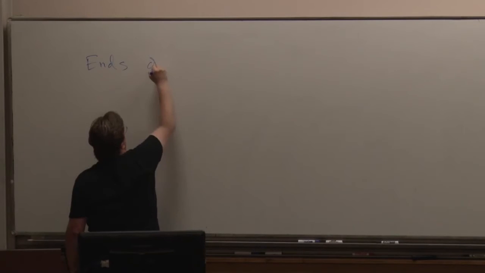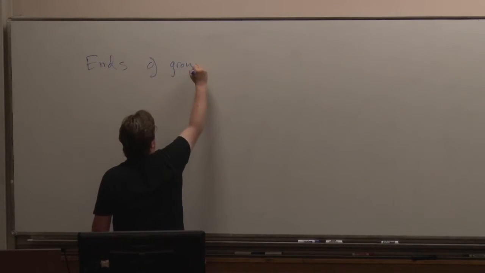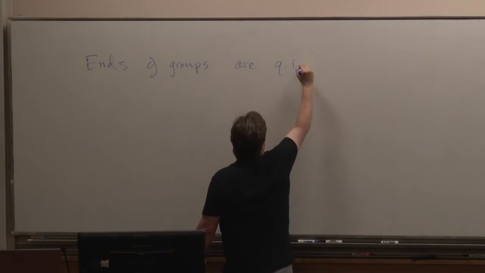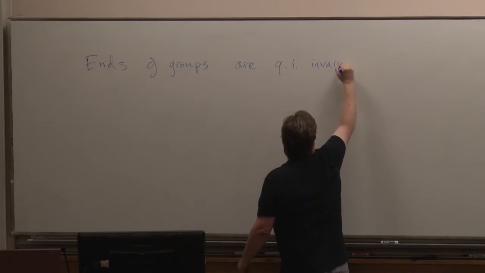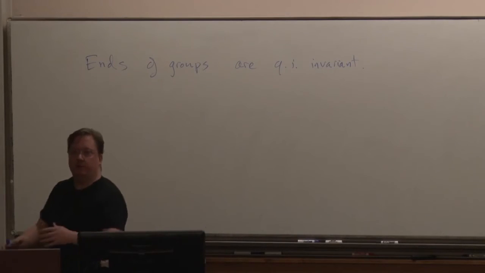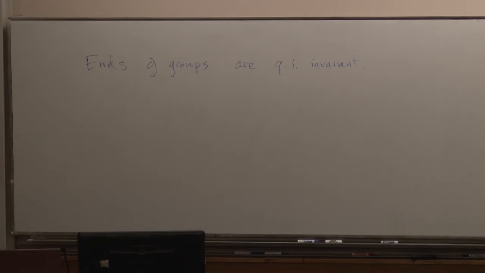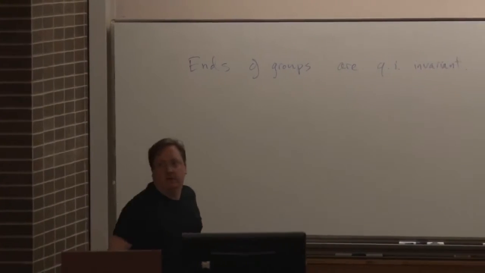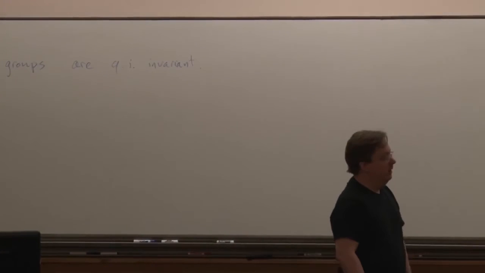So in particular, we've seen people talk about ends already. We're just talking about the connected components of complements of larger and larger compacta. Or if you want, you can read it off of the compactly supported cohomology.